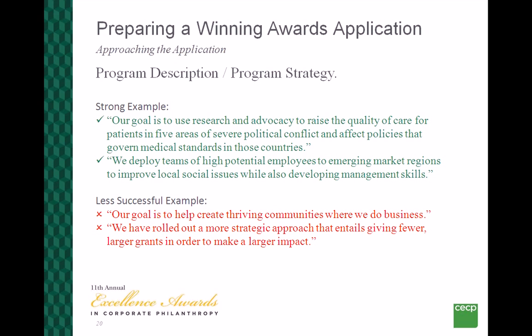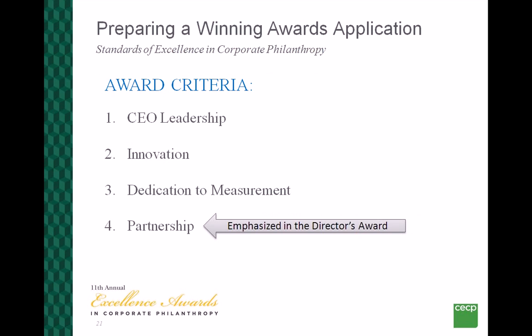We have seen some companies in the past take, again, a very high-level approach, and that doesn't necessarily create that kind of image in the jury's mind's eye of exactly what it is you're trying to do. So it might be best to avoid high-level descriptions like creating thriving communities or taking a strategic approach. And then include evidence of that elsewhere in the application, but maybe not abstract your description of what you do to such a high level.